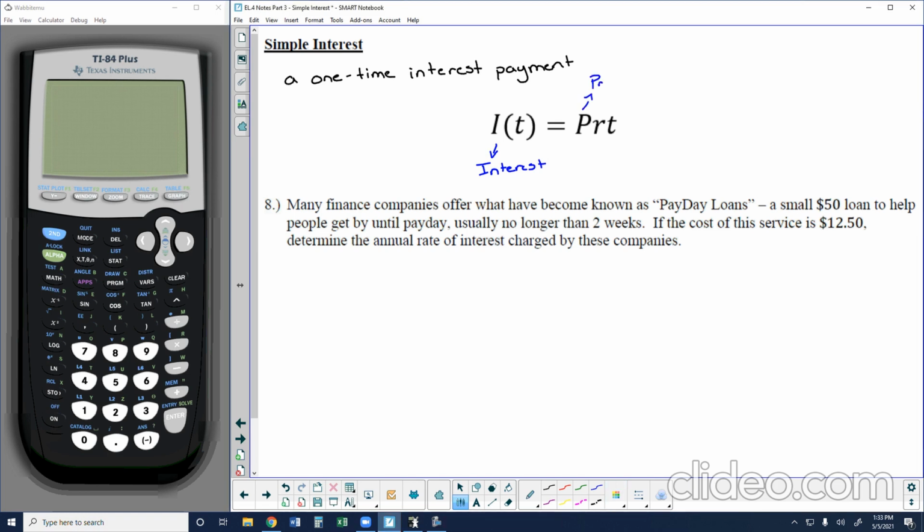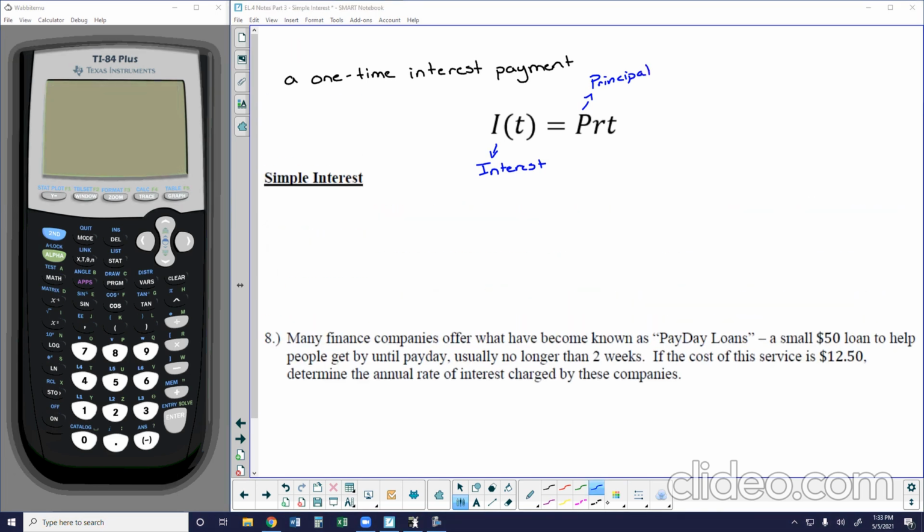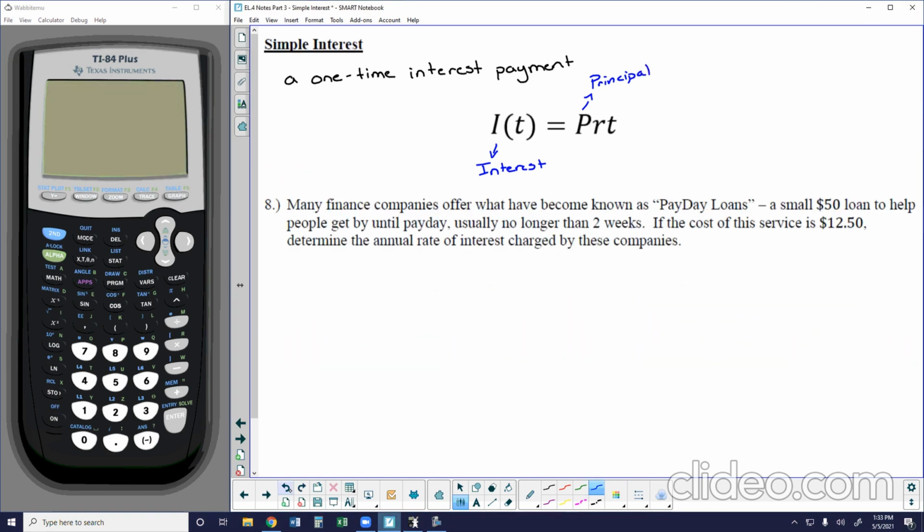Principal is another word for initial amount or initial quantity, something that we saw with our previous equation for exponential percentage growth. R is still going to stand for the rate, and T is still going to stand for time. So interest is equal to the principal times the rate times the time.